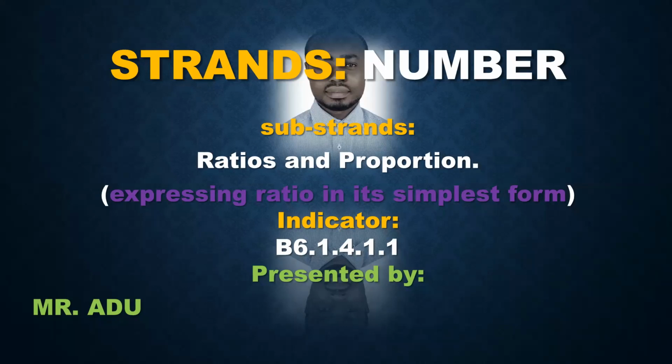So we are going to base on indicator 1 to present the ratio and proportion. The main objective is expressing the ratio in its simplest form, how to write a ratio in its simplest form, or how to break ratios into their lowest numbers.